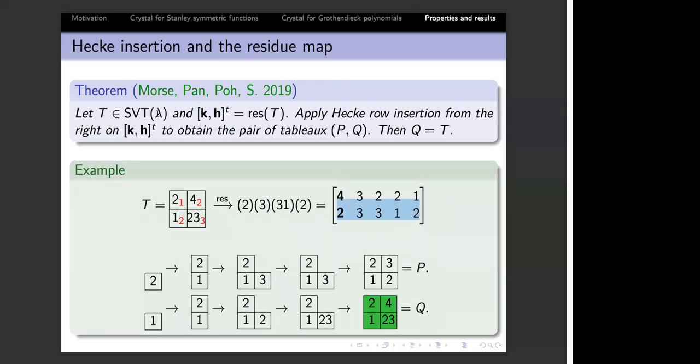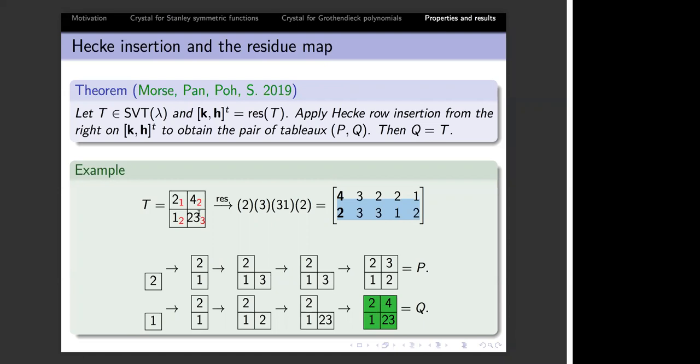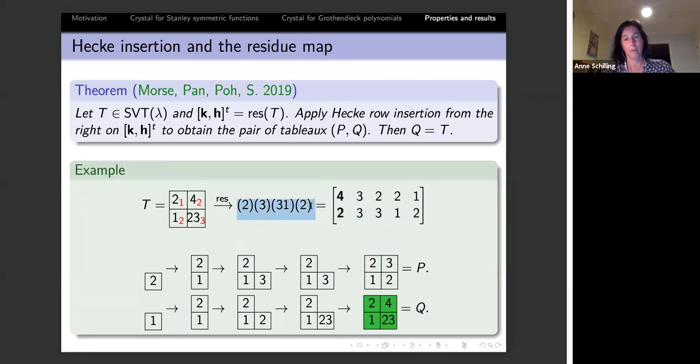Oh, not skew shape. Okay. Yes, because the Hecke insertion will always produce something that's of straight shape. So saying that this is equal to what you started with cannot work if you start with something that's skew shape. But if I do the star insertion on this, I still get the same. If I do the star insertion on the decreasing word, I will get the same tableau, right?